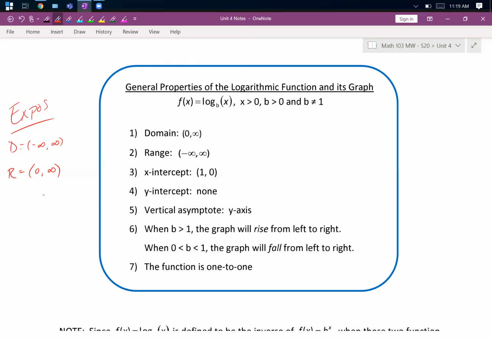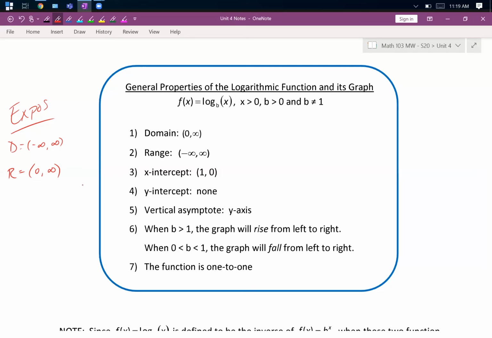A logarithmic function is going to have an x-intercept of (1, 0), no y-intercept, and a vertical asymptote on the y-axis.